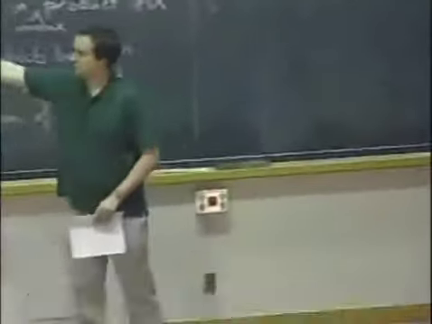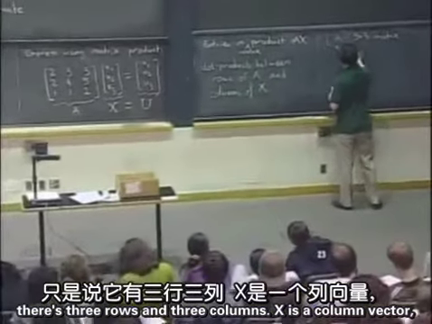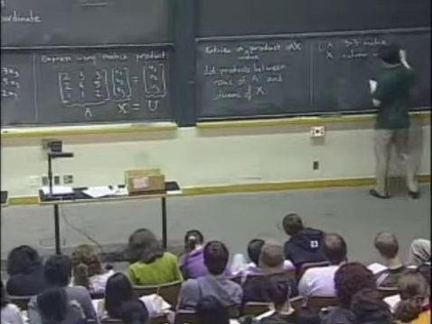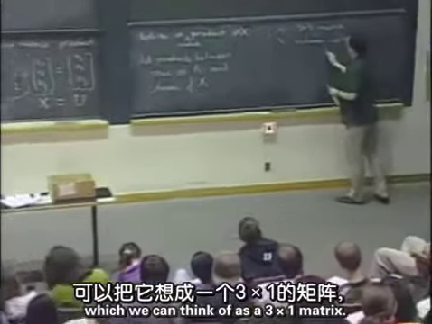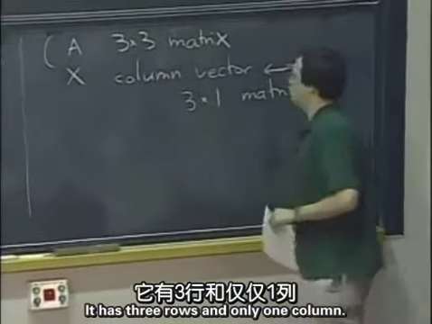That just means there's 3 rows and 3 columns, and X is a column vector, which we can think of as a 3 by 1 matrix.